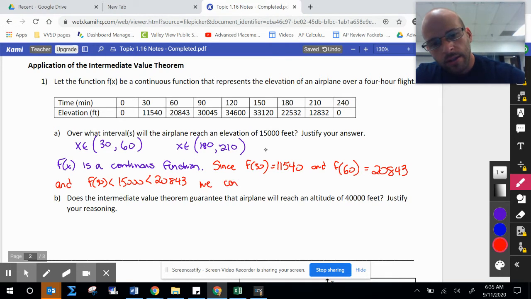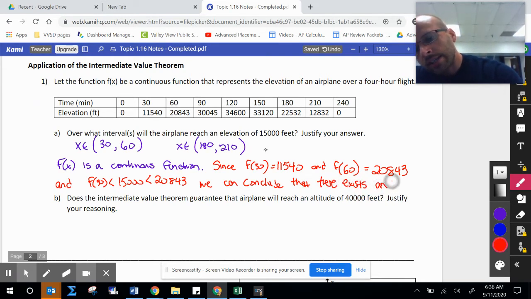We can conclude that there exists an x value, such that 30 less than x less than 60.